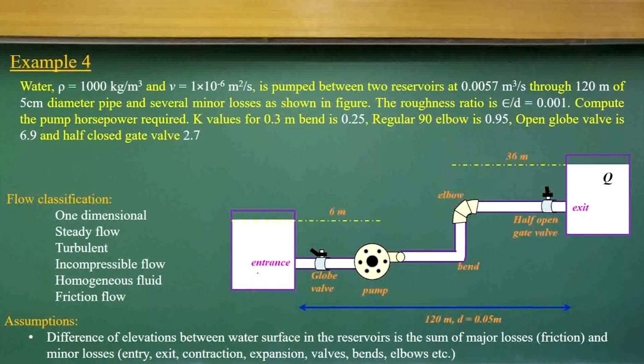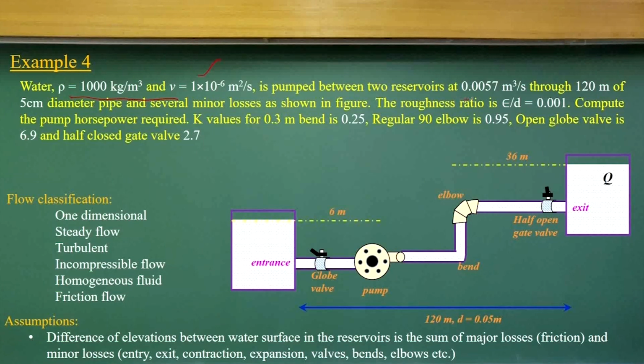The last example is a slightly design-type problem, where you have two reservoirs, an entrance and an exit, and the water density and the kinematic viscosity are given to us.